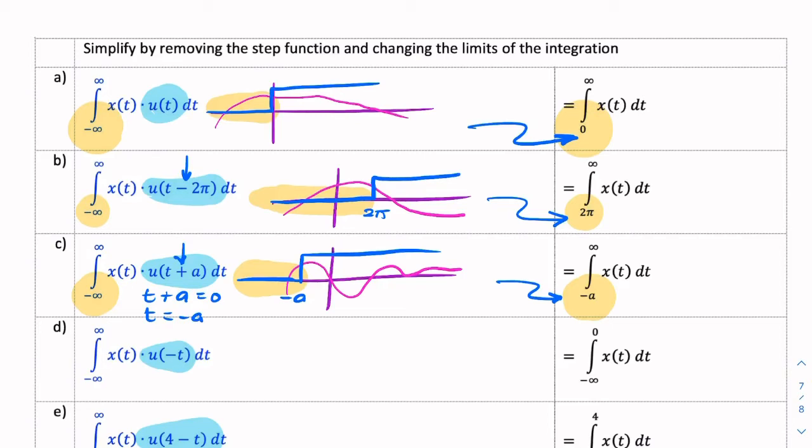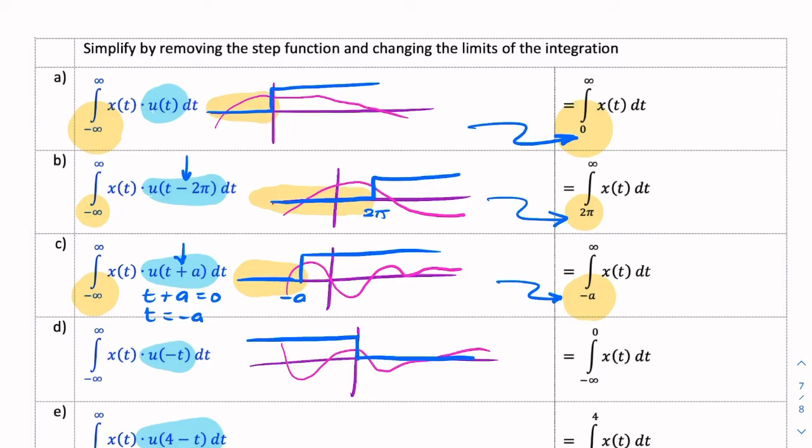Now the next example is slightly different because we have u of minus t. So u of minus t is a reversed unit step. It's a unit step that's 1 for negative time and 0 for positive time.